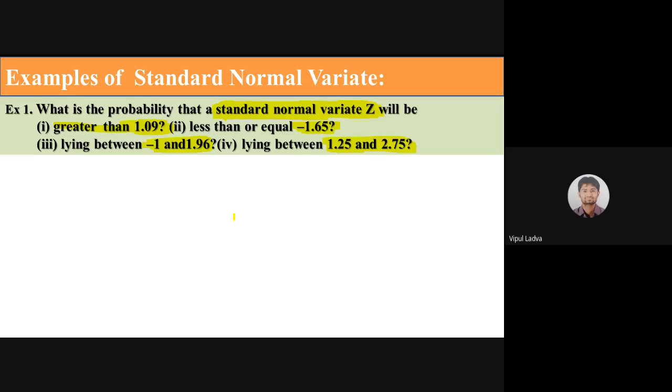That is the question, and it is clearly mentioned that we need to deal with Z.